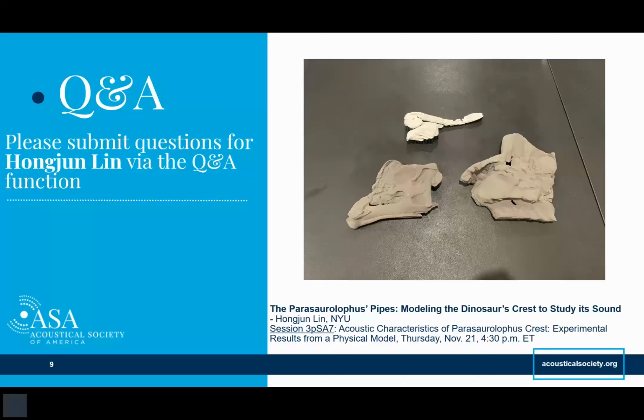And so now we have seen a lot of different approaches among the sound studies across different species, and a prevailing one is to model them as some kind of pipe structures, because we understand that sound is produced by different kinds of creatures by the vibration of the air column inside the vocal tracts or other vocal organs.